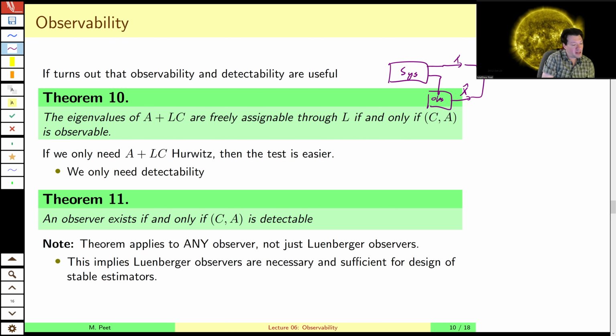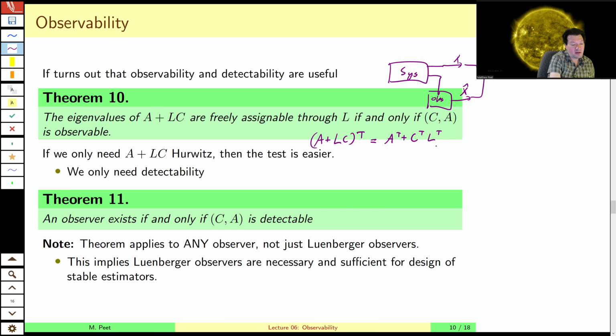So in a way, this is very similar to the controller synthesis problem. And in fact, we can just apply the result that we had for the controller synthesis case to the observer synthesis case by considering controllability of the dual problem, considering controllability of A plus LC transpose, which is, of course, A transpose plus C transpose L transpose.